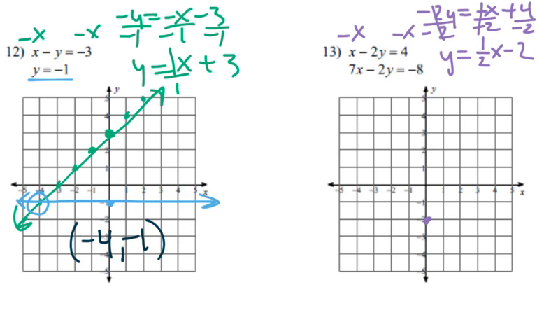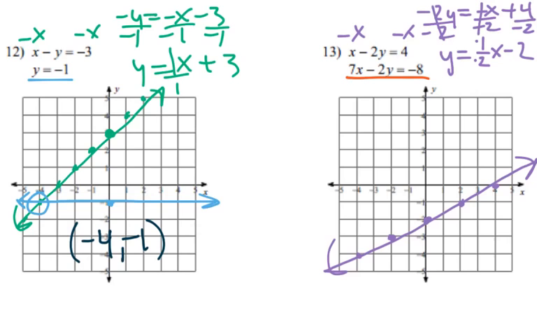Down to negative 2. Up 1 to the right 2, or down 1 to the left 2. The 1's on the top, so that's the vertical movement. The 2 is on the bottom, so that's the horizontal movement.